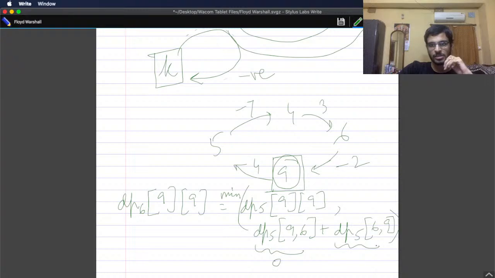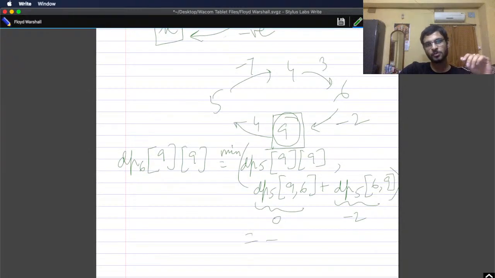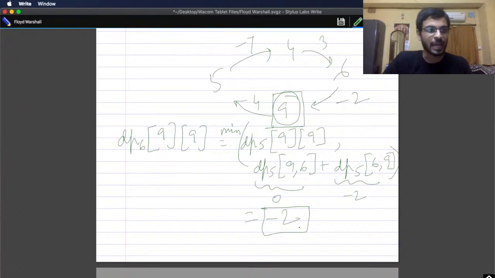And what is the shortest path from 6 to 9? It is -2. So we get -2. Can we guarantee that somewhere a negative element will come? When we form this whole DP, a negative element will come somewhere, because we are looking at all possibilities.